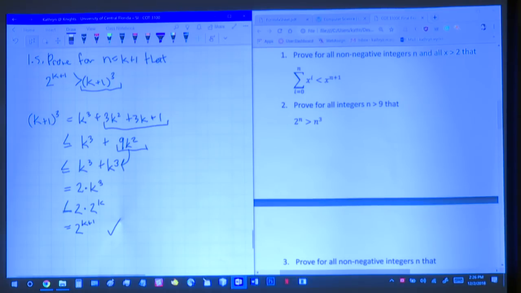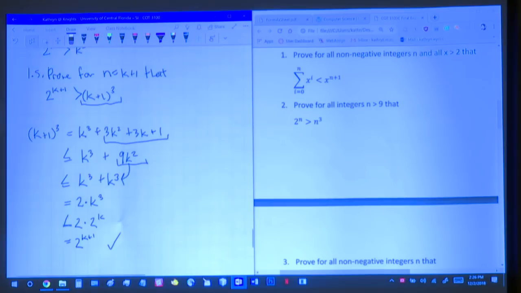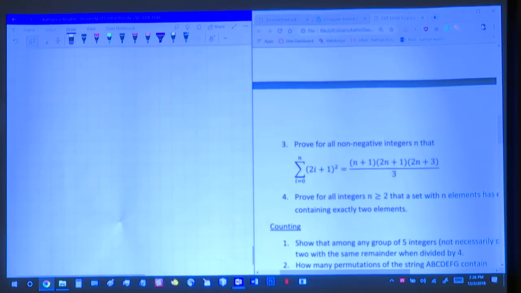Over here. Okay, I'll move on to the next one. That's this.